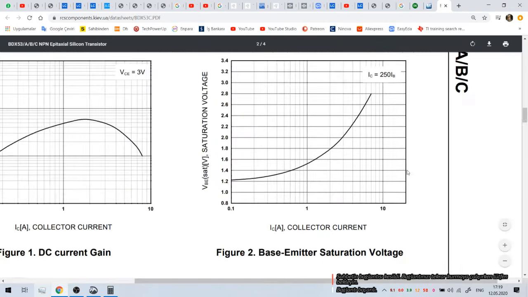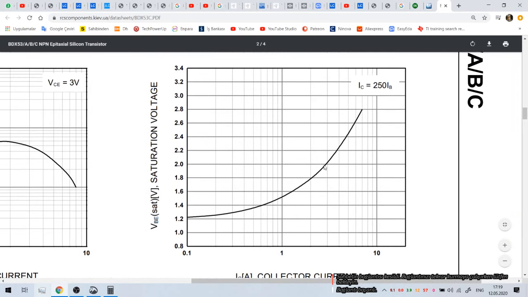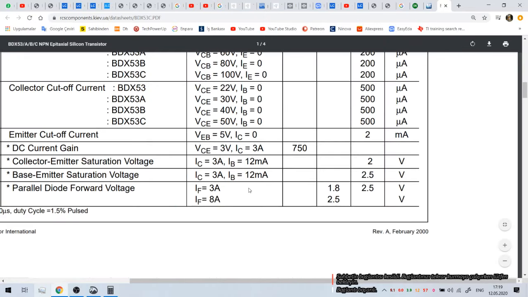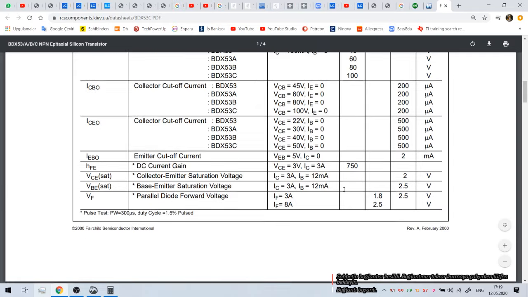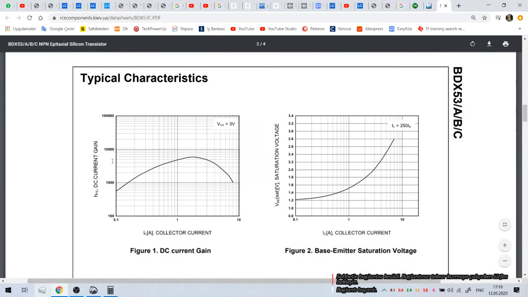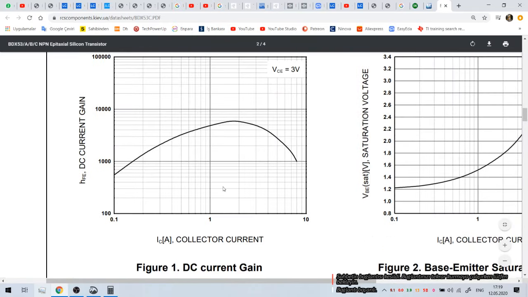In the typical characteristics, for 5 amp, we need 2.5 volts, and in the 5 amp region you can see there is 2500 typical current gain.